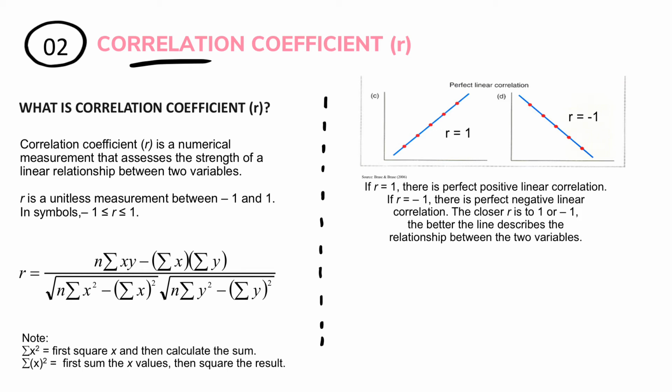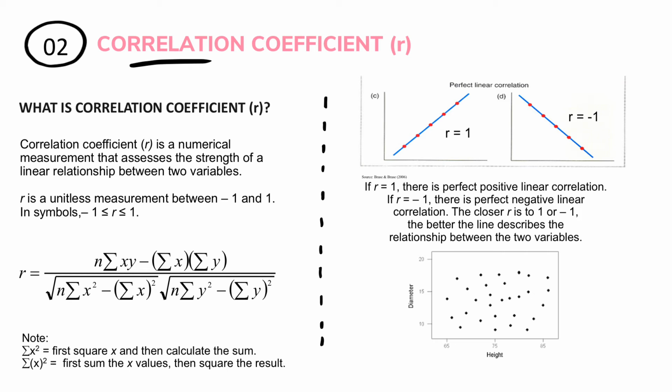The closer R value is to 1 or -1, the better the line describes the relationship between the two variables. In this case, both are perfect linear correlation, so you can see that the points lie perfectly on the line, so that's why the values of R are 1 and -1 respectively.